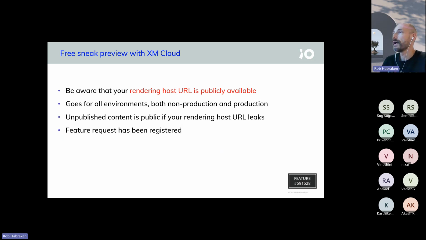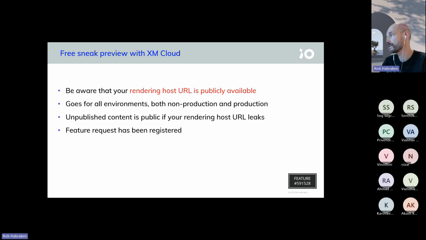But once you share this URL, anyone can view its content, and that not only goes for test and acceptance environments in XM Cloud, but also for the production environment. And that means that any unpublished content that is not served from the edge is actually also available when you visit this rendering host URL.